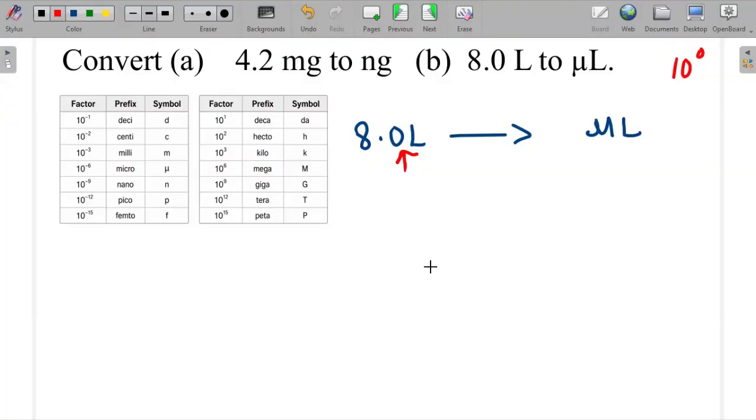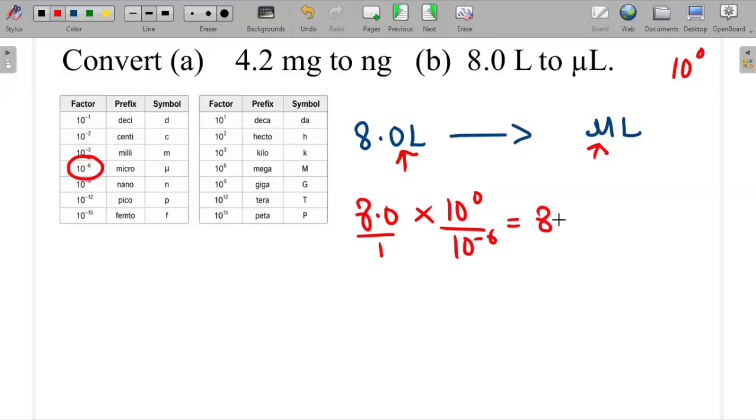So now 10 to the power 0 is the same as 1. Okay? So this will just be 8.0, I can even say 8.0 over 1 times 10 to the power 0 divided by, I'm going where there is what? Micro. And when I go to my table, micro is 10 to the power minus 6 there. Okay, so I'm dividing this by 10 to the power minus 6, and this is just 8.0 times 10. Okay, and this is 0.